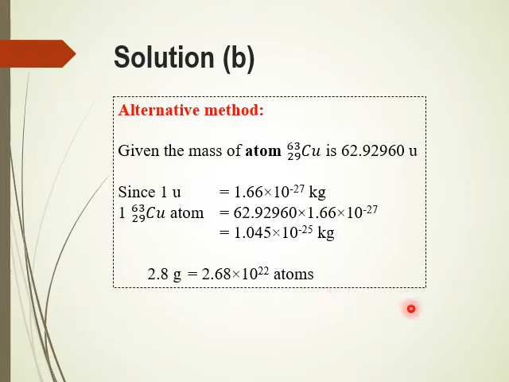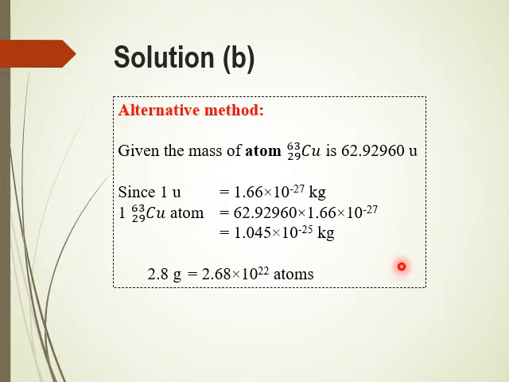Now, the reason why I show you this alternative method is because I want you to see the difference between the mass of one atom in terms of kg and in terms of u. And also the difference between the mass of 1 gram of copper atoms and 1 mole of copper atoms.